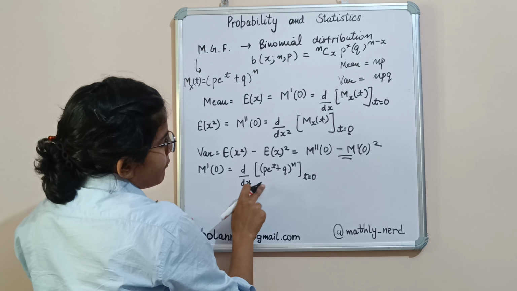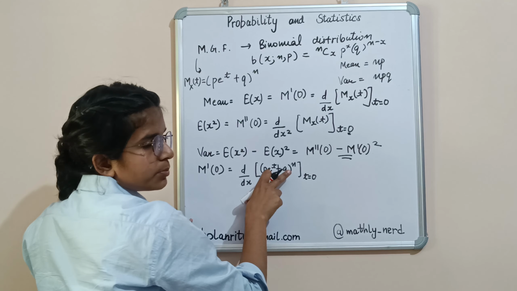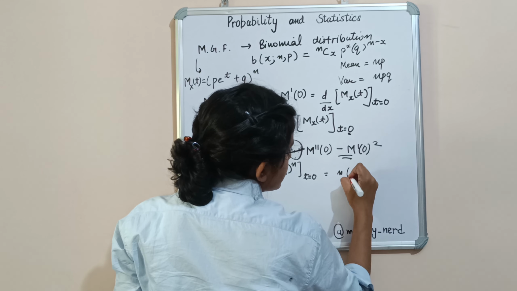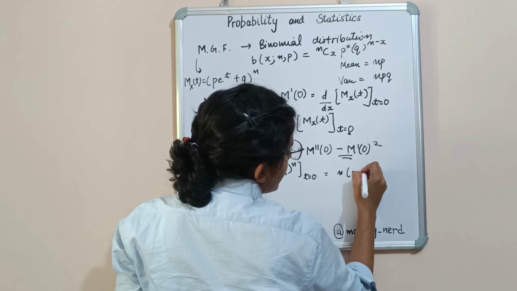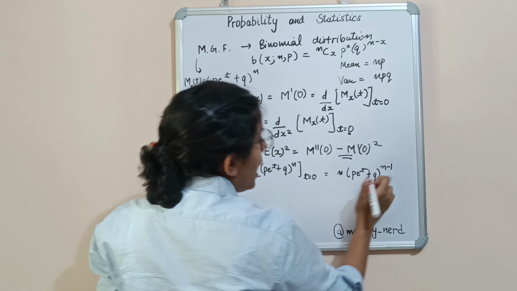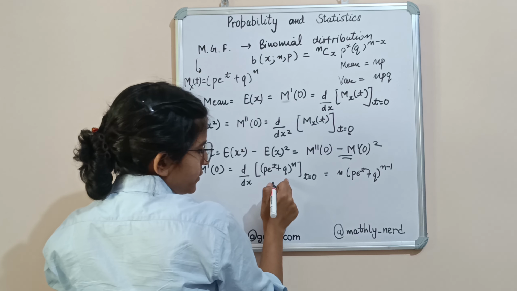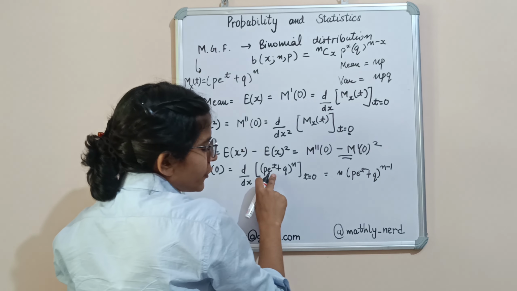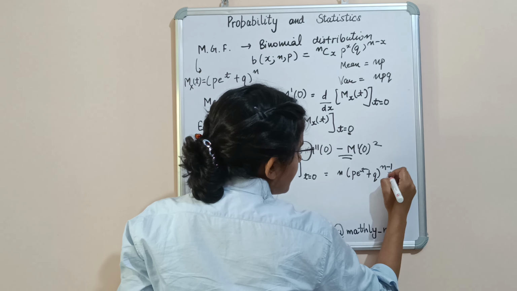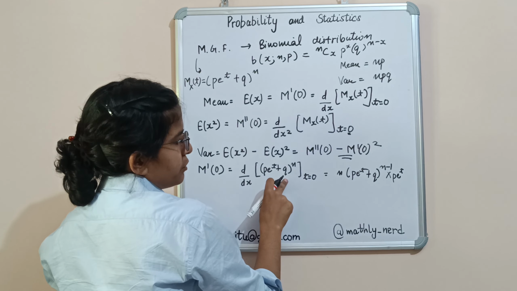Now the first derivative of (pe^t + q)^n will be equal to n times (pe^t + q)^(n-1) multiplied with the derivative of this (pe^t + q). The derivative of e^t will be e^t only, so this will be multiplied with pe^t plus the derivative of q.